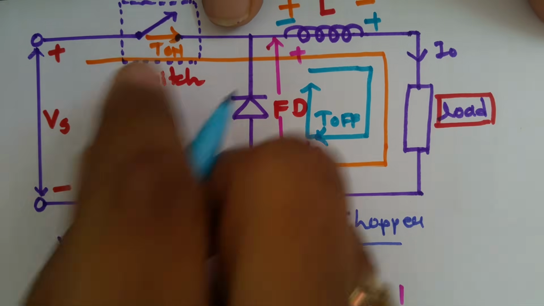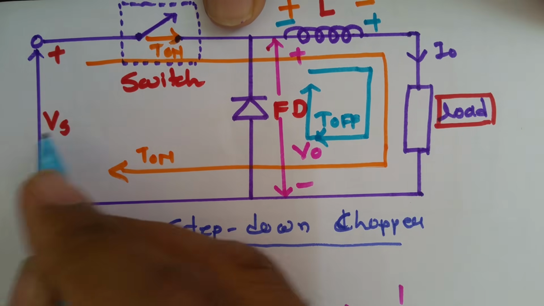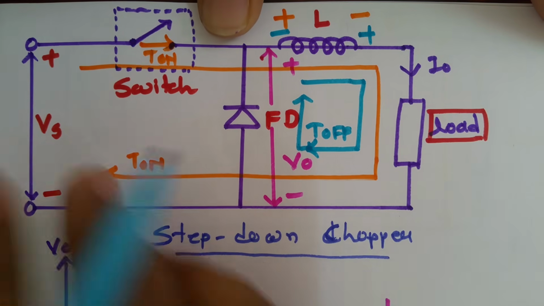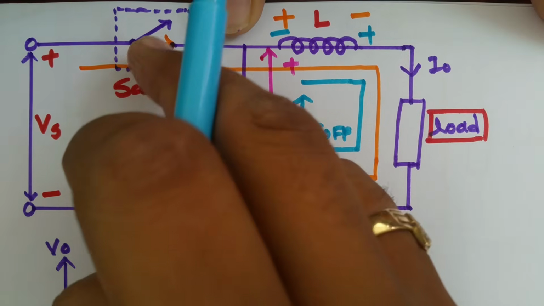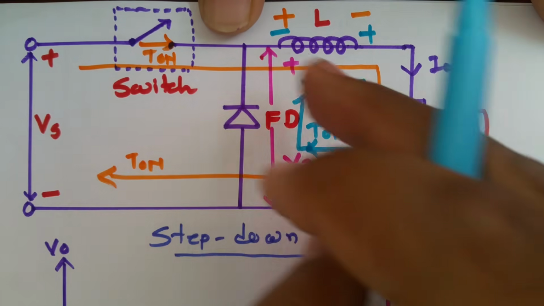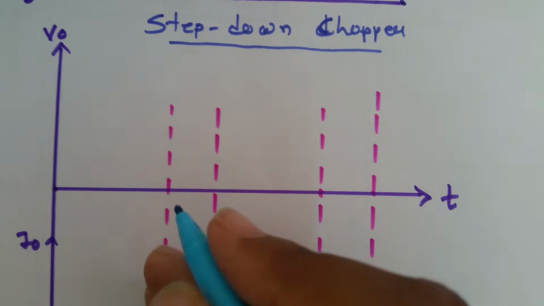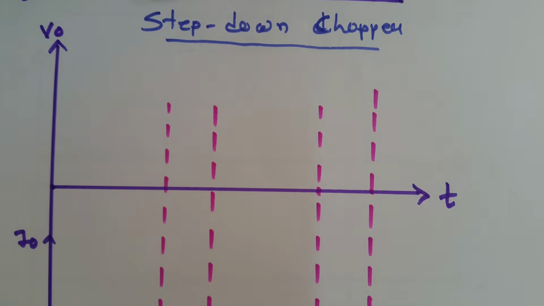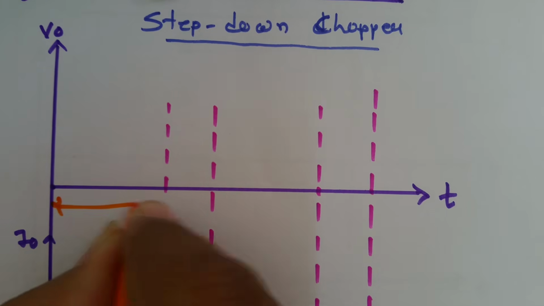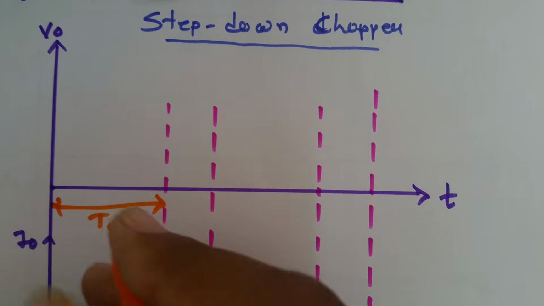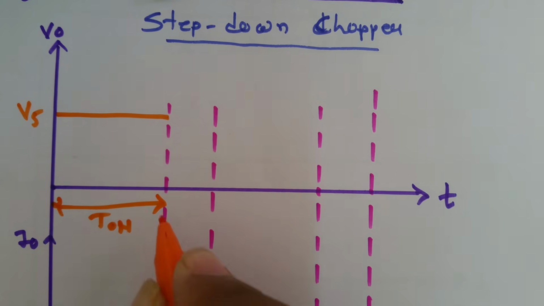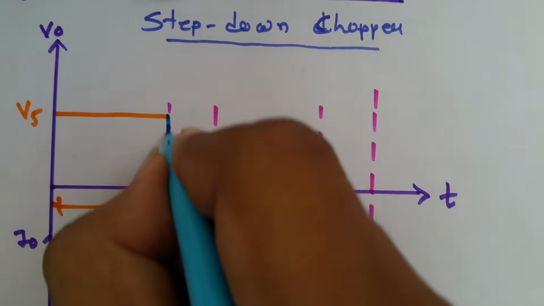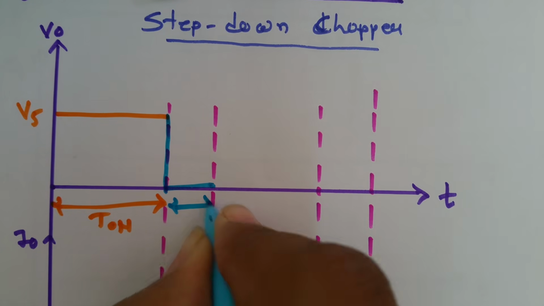When this switch is on, at that time output will be Vs, and when this switch is off, Vs will not be there at the load. The reason is this switch is off, so this will be an open circuit and output will be 0. If I say this is T on, then during T on output will be Vs, and during T off output will be 0.